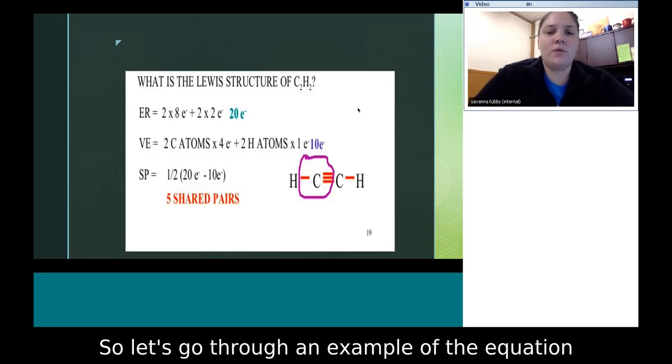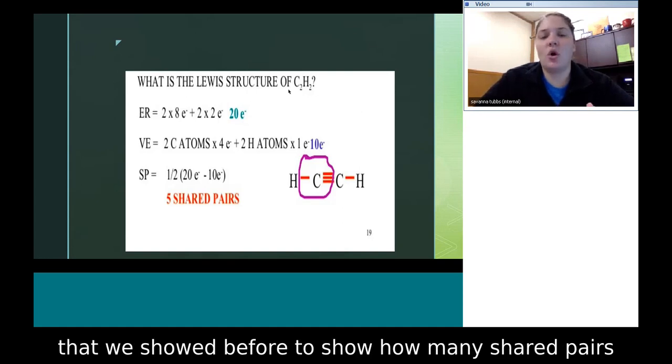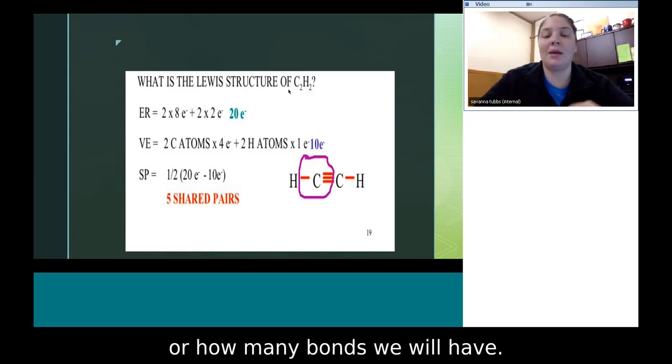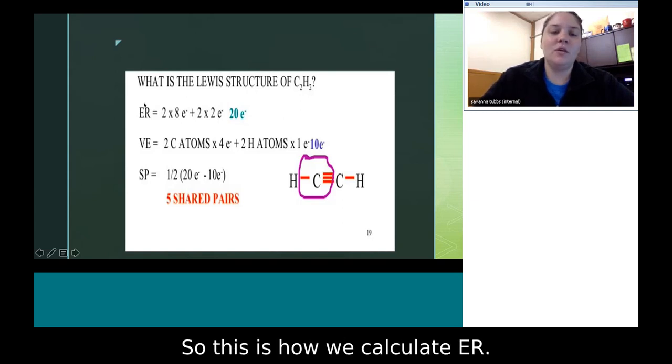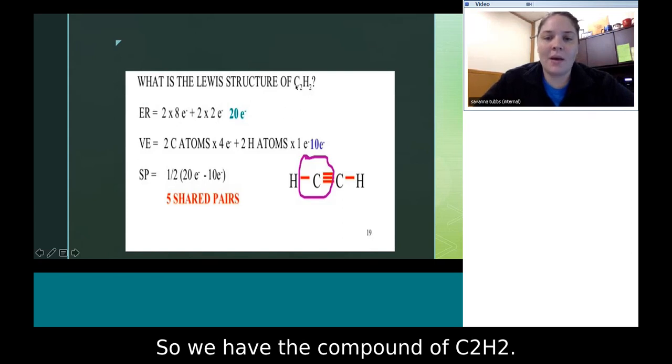So let's go through an example of the equation that we showed before to show how many shared pairs or how many bonds we will have. So we have SP equals 1/2 ER minus VE. So this is how we calculate ER. We have the compound of C2H2.